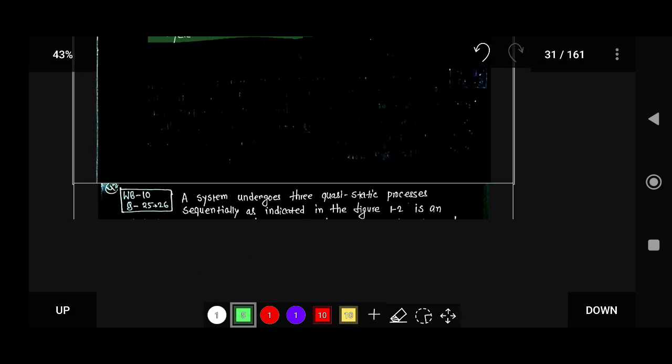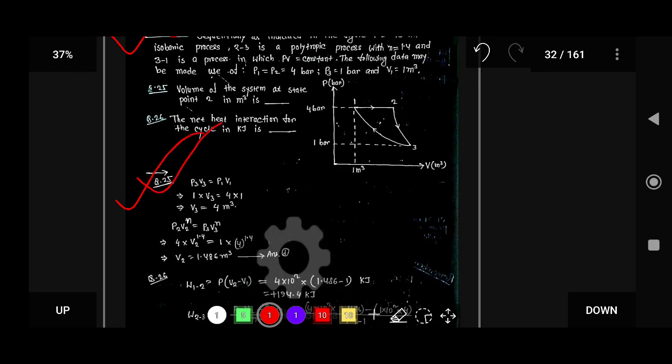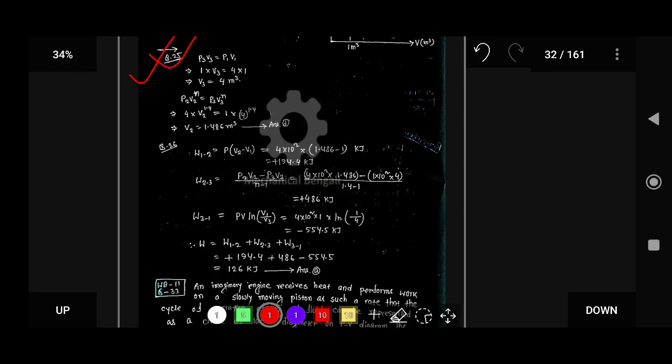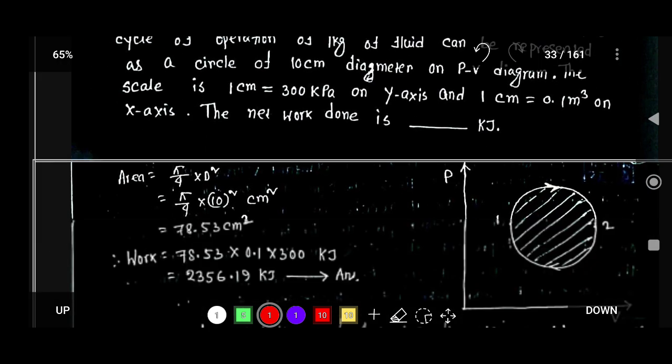Now there is another question. Solve this question, and the answer is also given. There is another question related to work and energy interaction, and the answer is also given here.